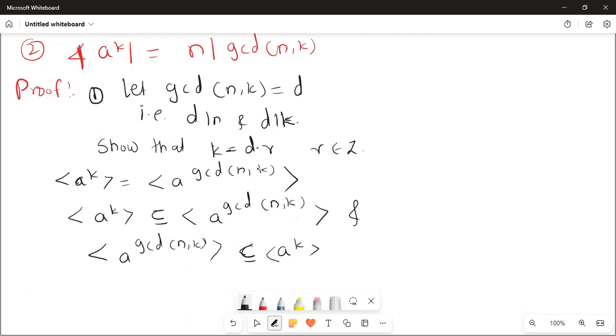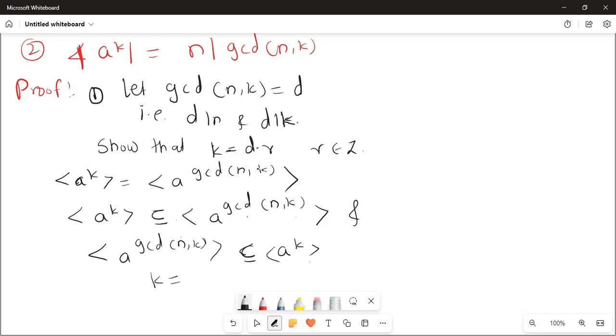Both are subsets of each other, then they are equal.